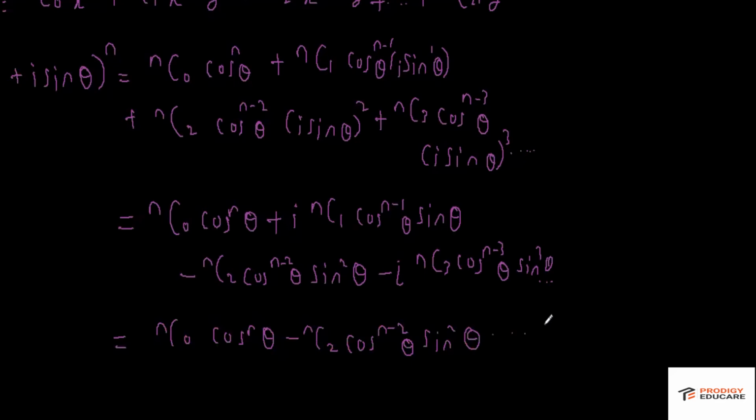This is the pattern. Plus i times nC1 cos theta raised to n minus 1 sin theta, and then I have minus nC3 cos raised to n minus 3 theta sine cubed theta, and so on.